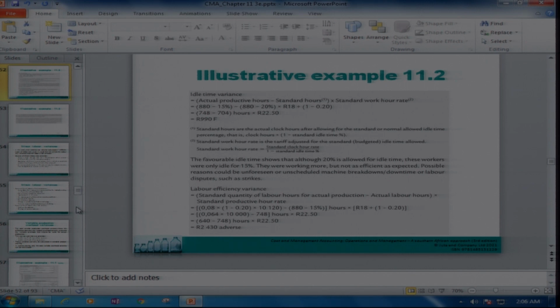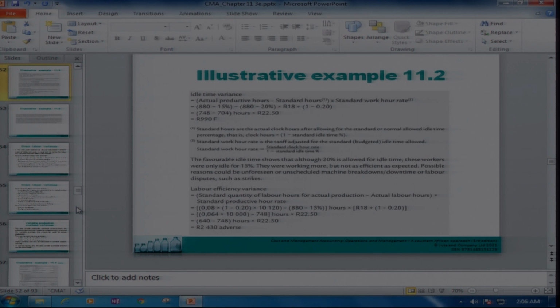Idle time actually was 15%. So we'll then say 880 hours minus the 15% that the employees were idling. So that means productive hours actually were only 748.